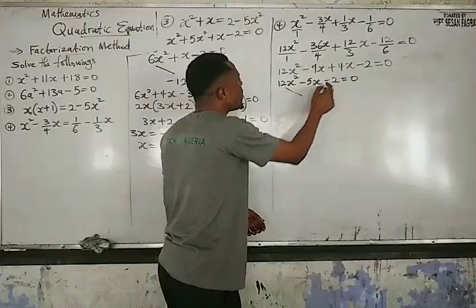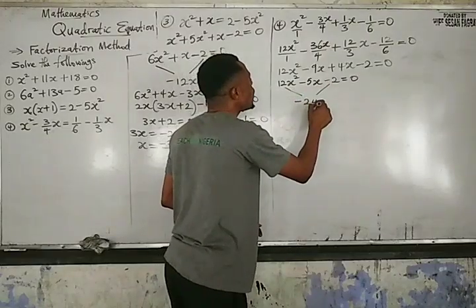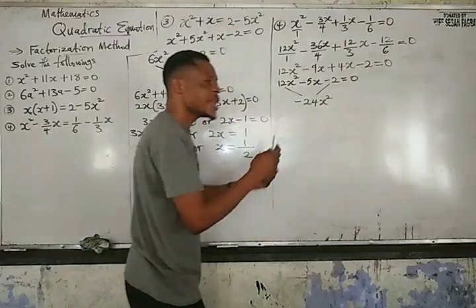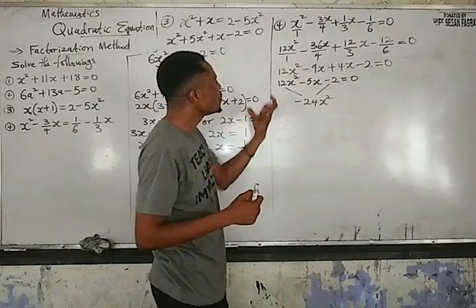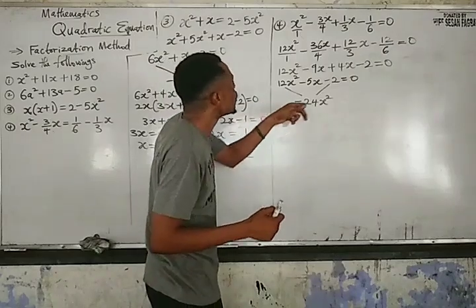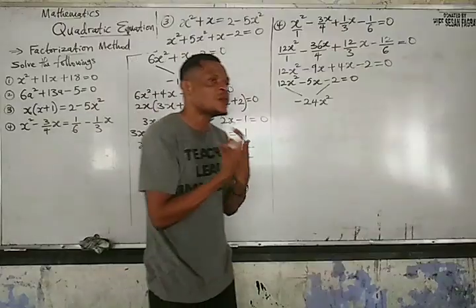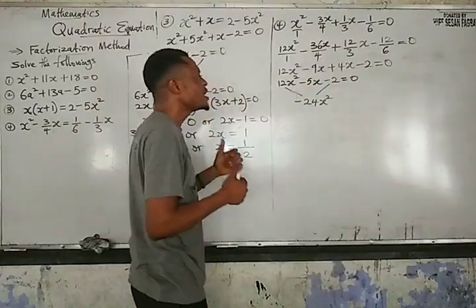So by the time I multiply this and this together, it will give me minus 24x squared. So looking at the factors here, what are we going to multiply together to give us 24x squared? And by the time we sum them, it's going to give us minus 5 that we have in between.